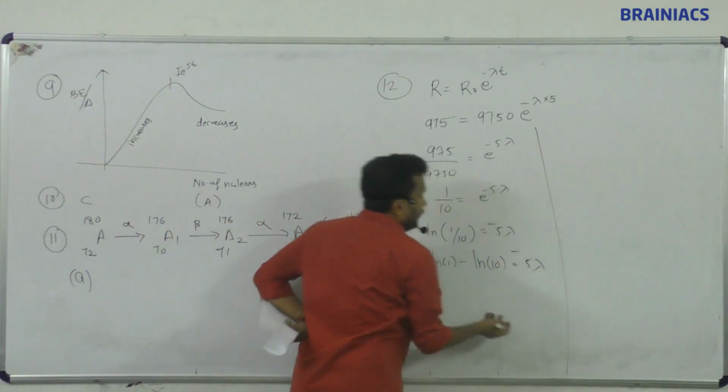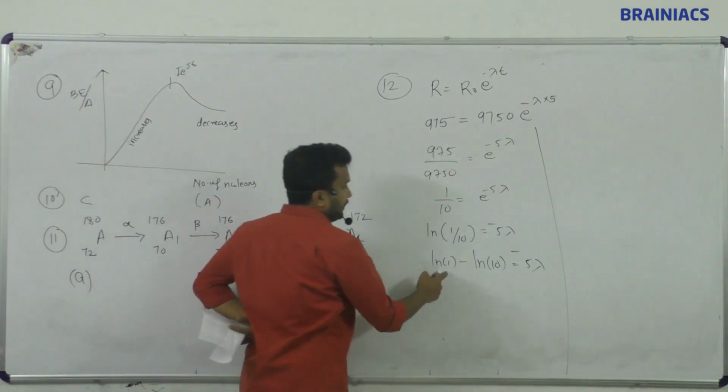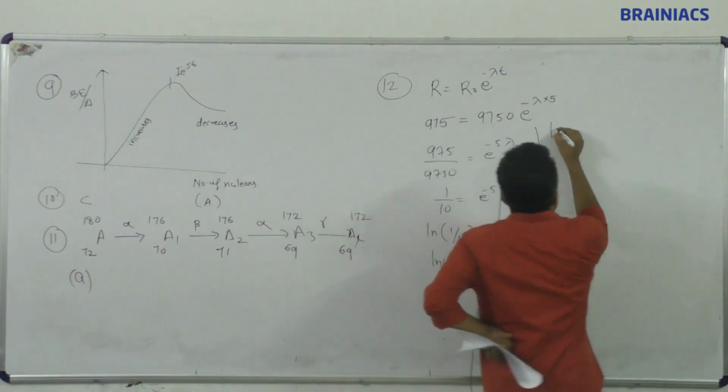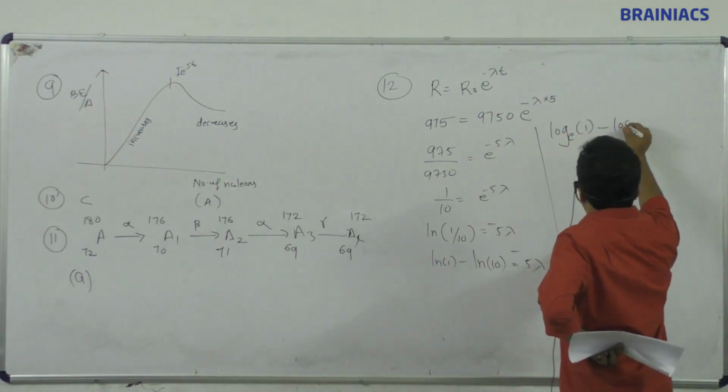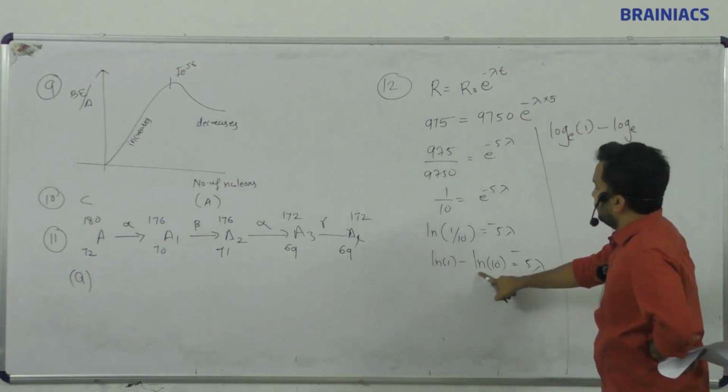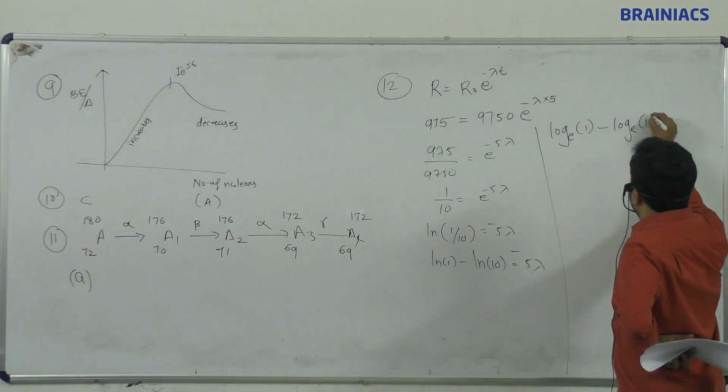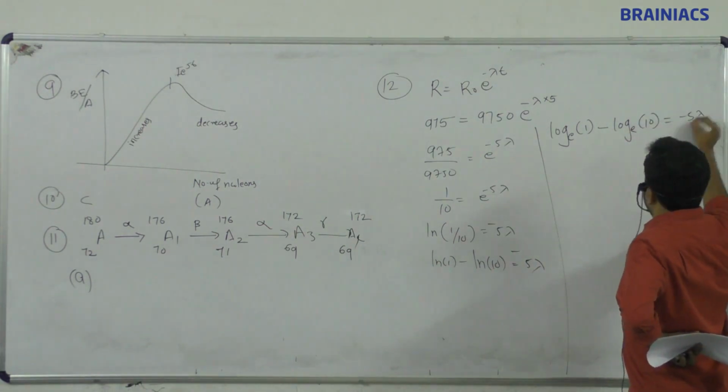This log has base e, so I am writing log base e of 1 minus log base e of 10 equal to minus 5 lambda.